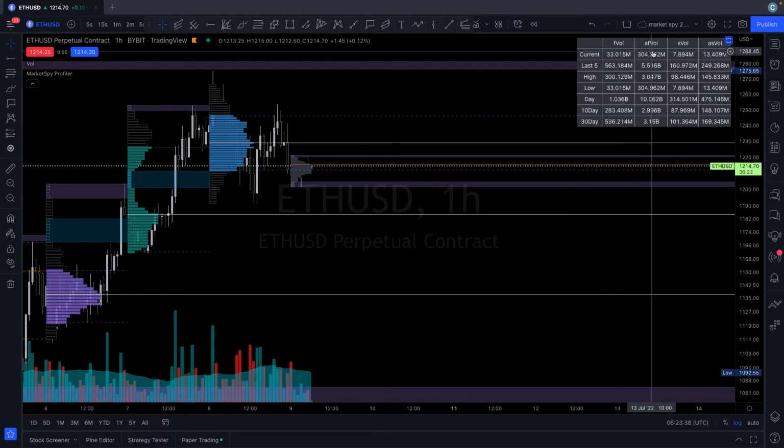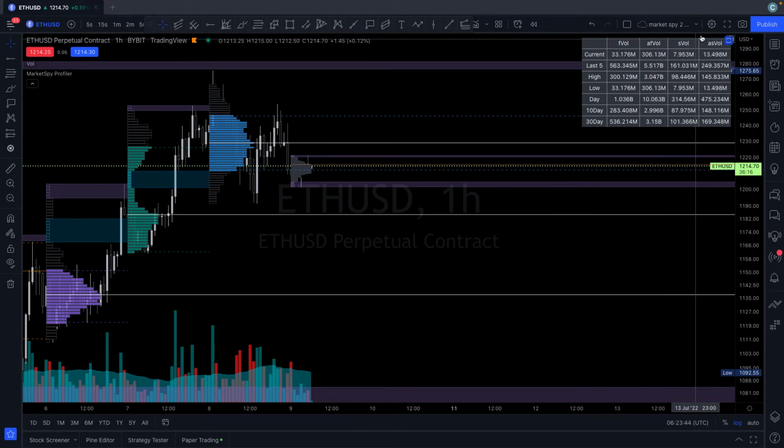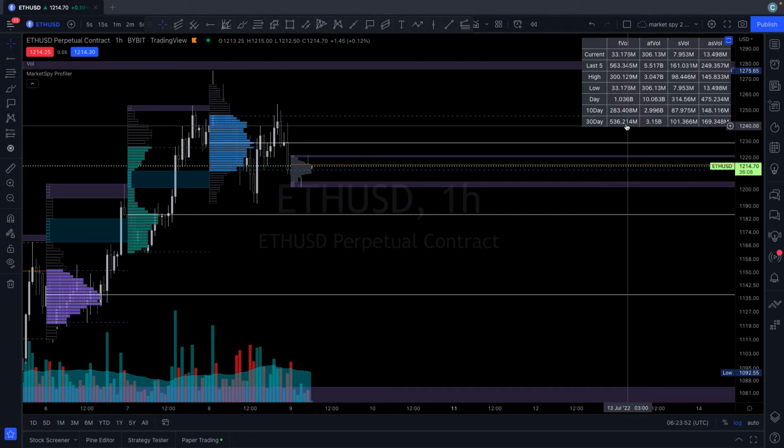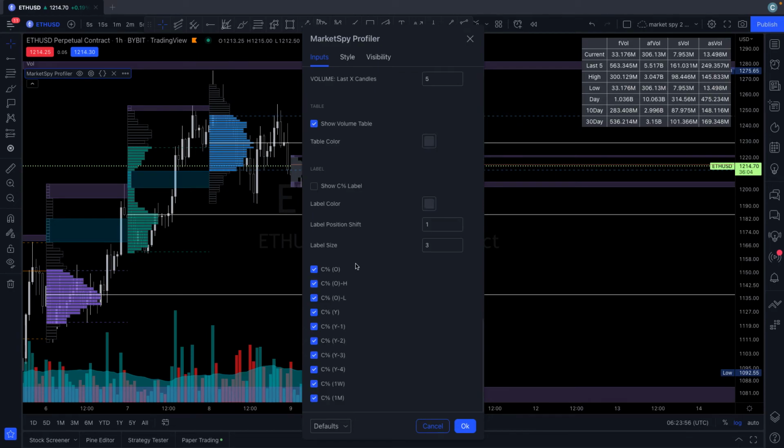But the aggregated futures, this is all of the exchanges combined. Again, same with spot and aggregated. You can see your last 5, your high, low, daily, 10 days, your monthly. You can see all of that at a quick glance. And you get to that by showing volume table almost at the bottom of the script here. When you're done with it, you can just turn it off.